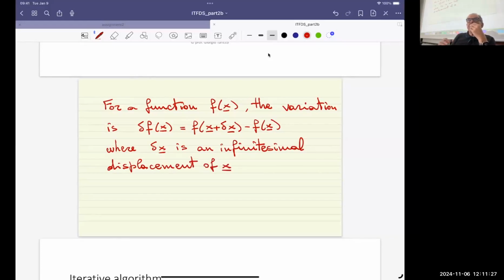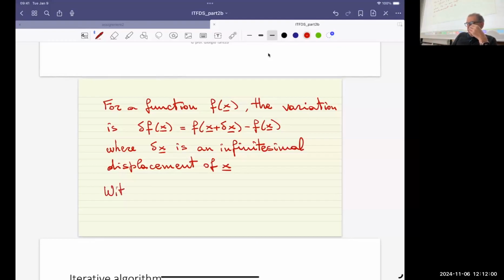In other words, we move x a little bit away from its original position, and we get a displacement that is called the variation of the function f of x. If we are looking for a minimum, and also for a maximum, but in our case we know that we are going to find a minimum, the variation must be equal to 0.